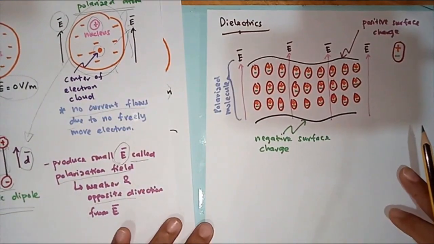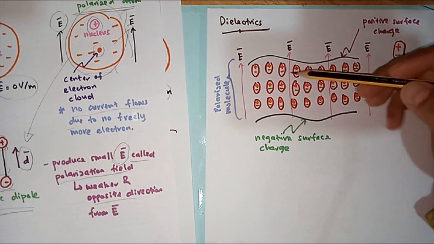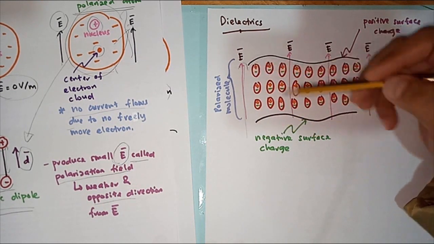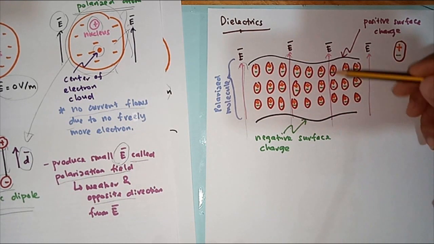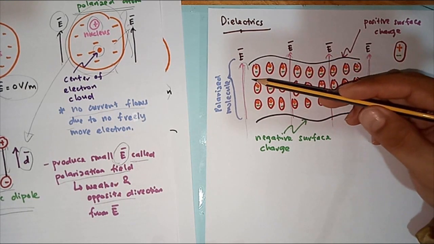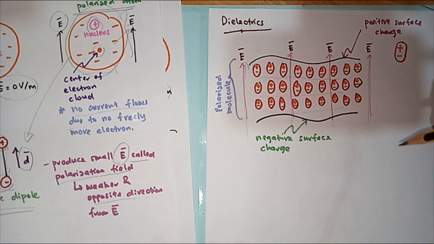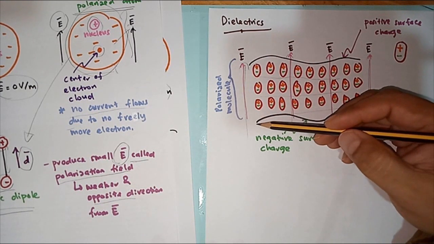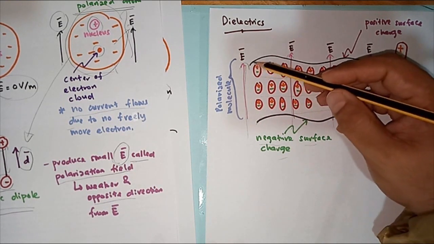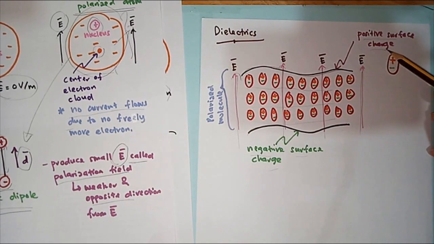And if we consider numerous atoms arranged in one dielectric, and we apply some electric field in a certain direction, for example in this case, a lot of polarized atoms will be arranged like this. The bottom surface we call a negative surface charge, and the top surface in this particular case we call a positive surface charge.